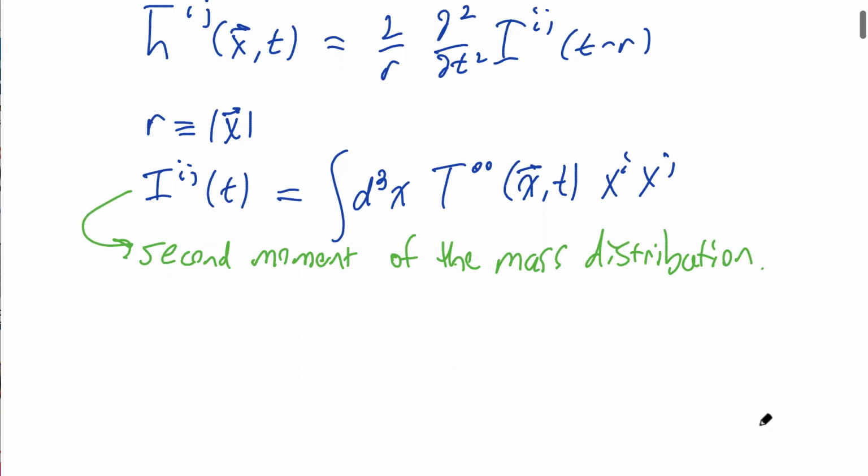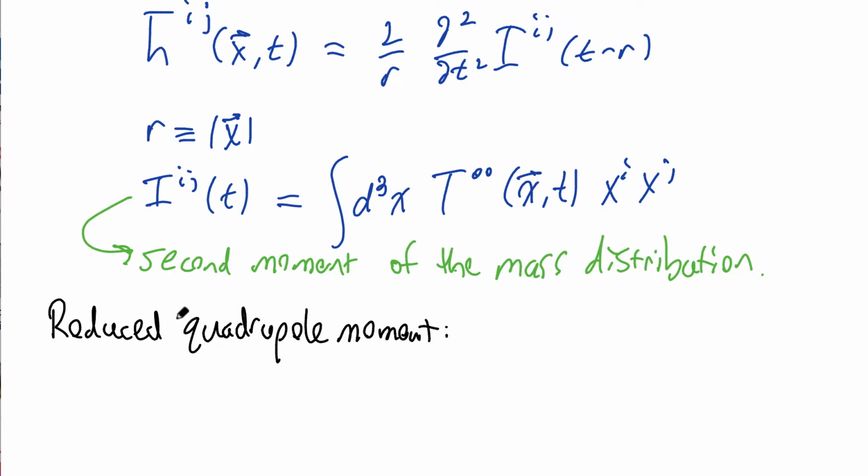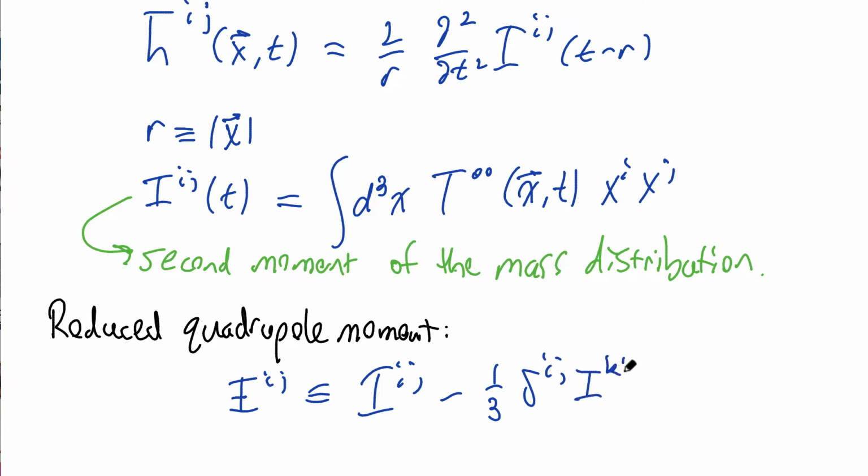The reduced quadrupole moment of the source is defined from the second moment by removing the trace, and we denote that as I_ij with the bar through the I. The metric perturbation in the transverse traceless gauge is obtained from h bar ij using a projection operator.